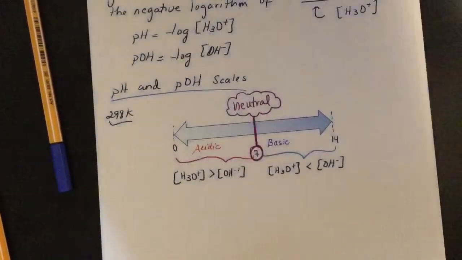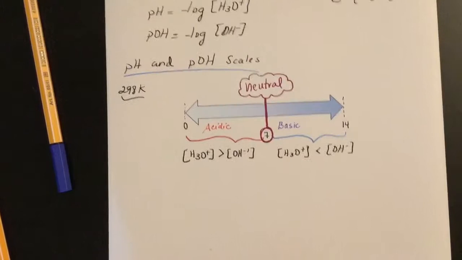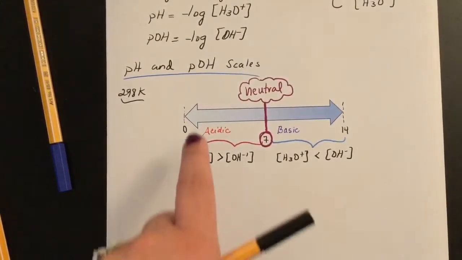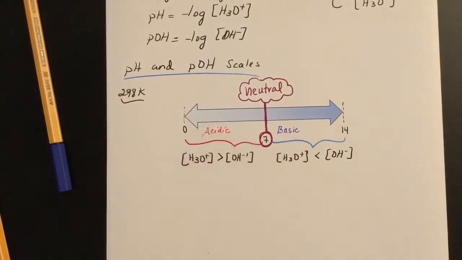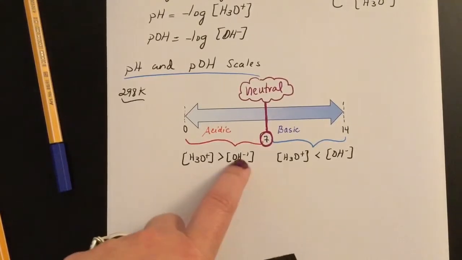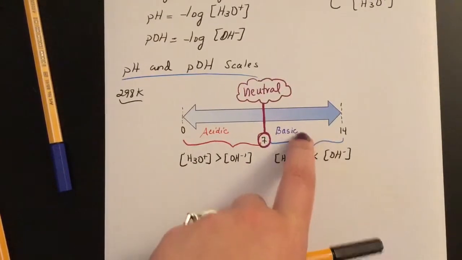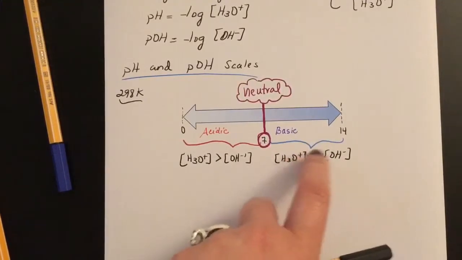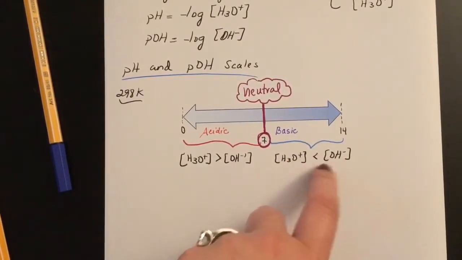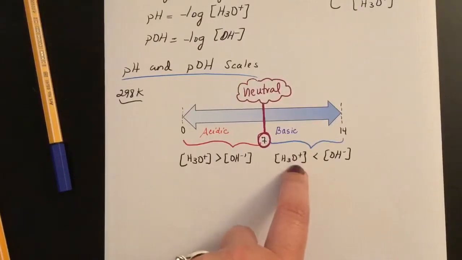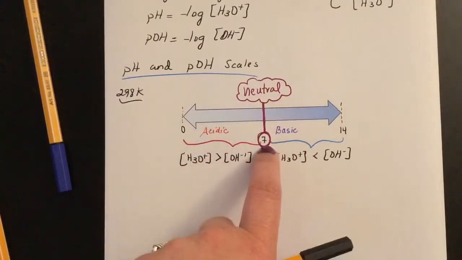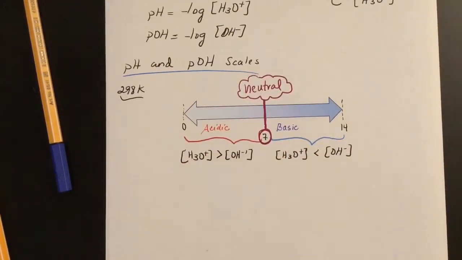So back to the pH scale here. Between 0 and 7, you have acidic. The concentration of hydronium is greater than the concentration of hydroxide. For basic, you have the opposite. You have the concentration of hydroxide greater than the concentration of hydronium. And then here, you have neutral.